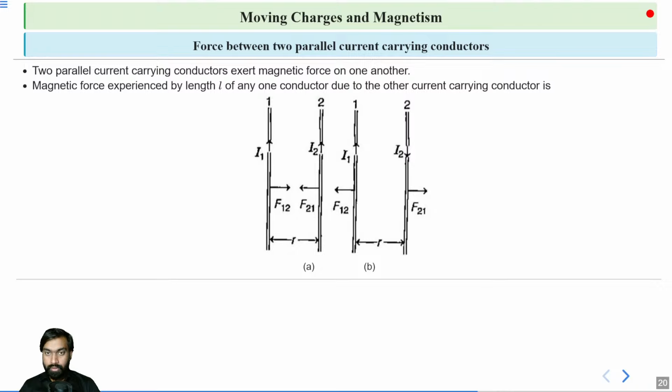That is, F12 equal to minus F21. And if we talk about the nature of the force, attraction or repulsion: if currents I1 and I2 flow in the same direction, figure A, the force between the conductors is attractive. They pull toward each other. If they flow in opposite directions, figure B, the force is repulsive. They push away from each other.